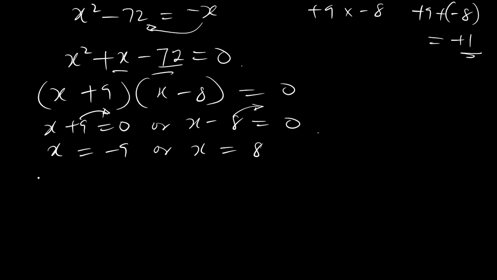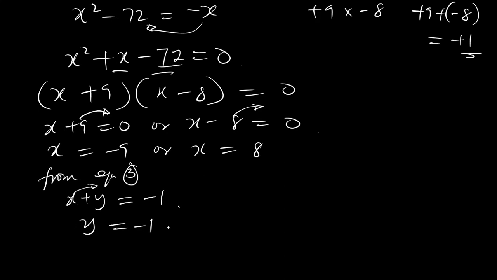Now we also note from equation 3 that x plus y is equal to minus 1. If you move x to the other side, you now have y is equal to minus 1 minus x.